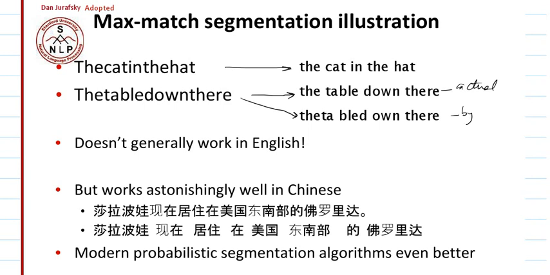This is by the maximum matching algorithm. So it generally doesn't work very well with English. But it has been observed that on Chinese it works astonishingly well, right?